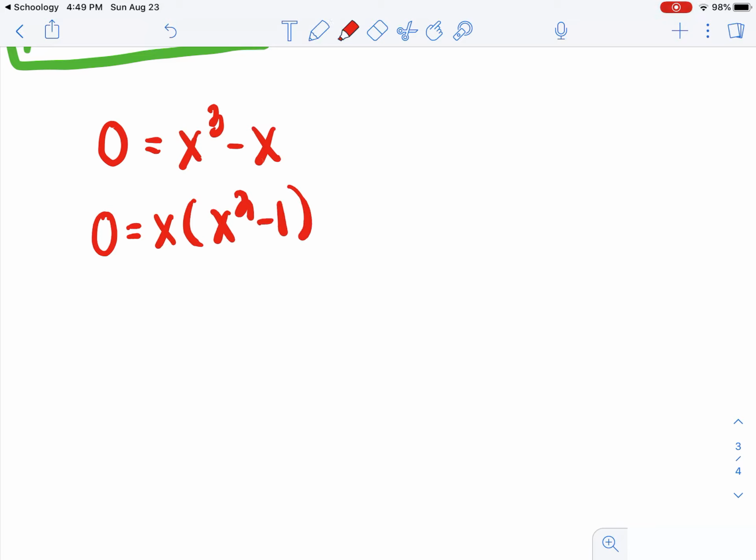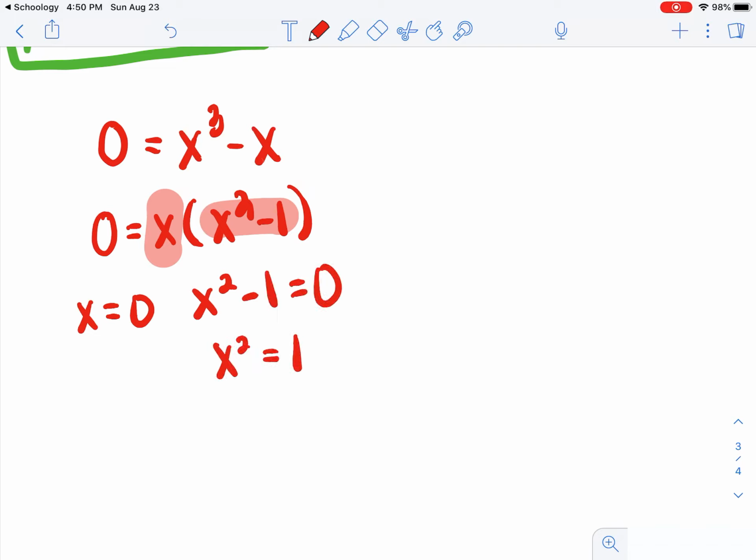And now I can set each factor equal to 0. So I can set this equal to 0 and this equal to 0 and solve. X equals 0. X squared minus 1 equals 0. Add 1 to both sides. Do not forget to do square root plus or minus. So I get x equals positive and negative 1.